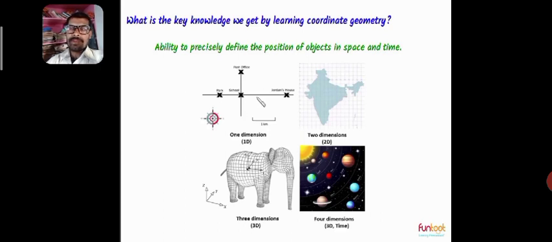Time is also one of the dimensions in the four-dimensional Cartesian frame of reference. Frame of reference you are going to study in higher studies. Let me give one idea of time and space. Space is three dimensional, of course, as you see here.